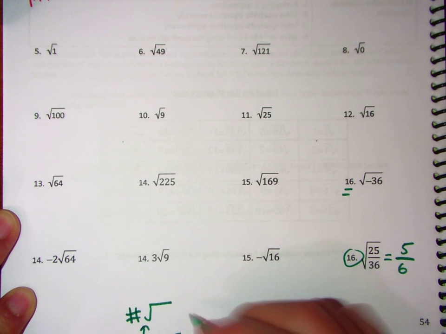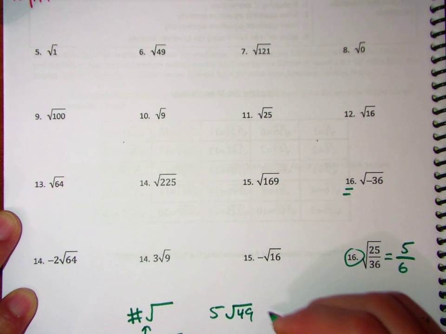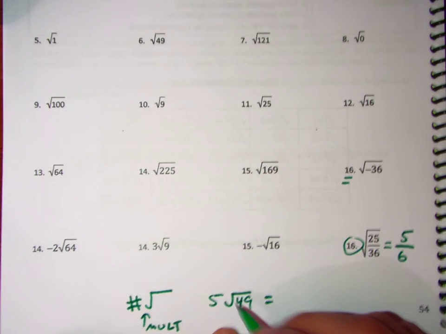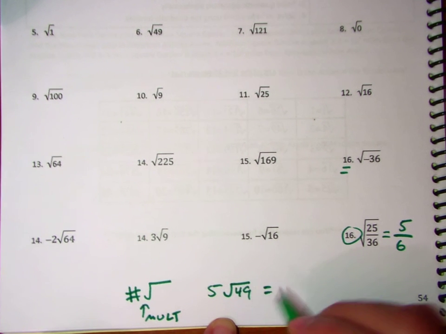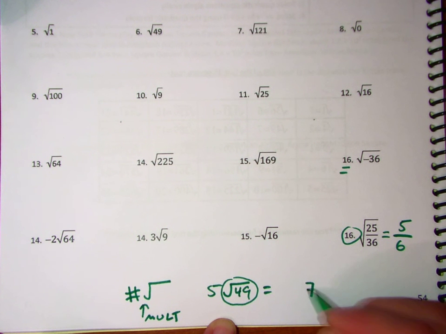So for example, like 5 square root of, I don't know, 49. When you see 5 square root of 49 together like that, you would first do the square root of 49, which is 7, and you multiply that with the 5. Okay, so that's how you get 35.